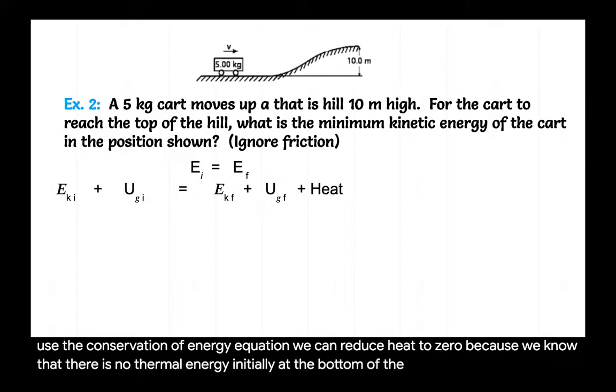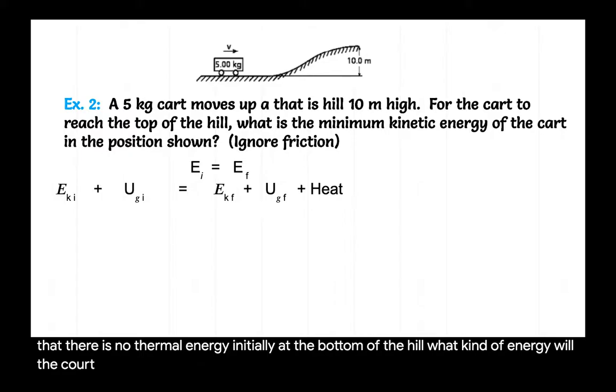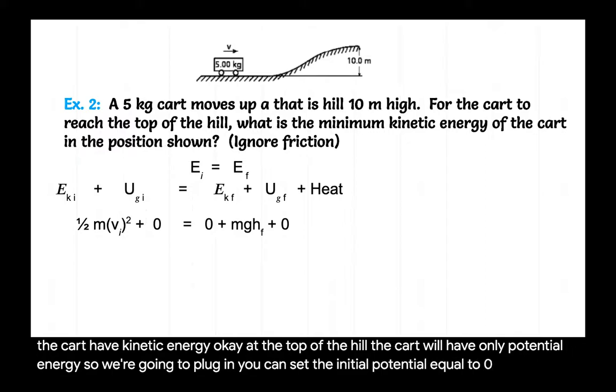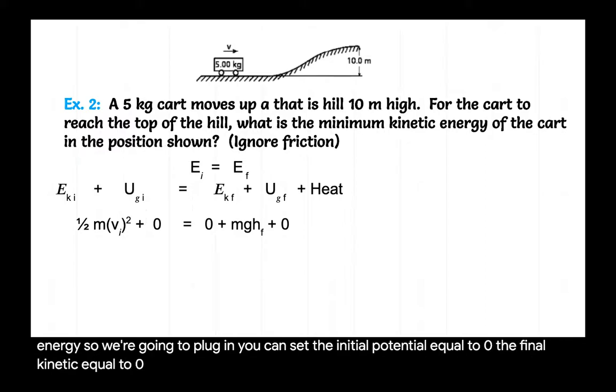Initially, at the bottom of the hill, what kind of energy will the cart have? Kinetic energy. At the top of the hill, the cart will have only potential energy. So we're going to plug in. We can set the initial potential equal to 0, the final kinetic equal to 0, and heat equal to 0.